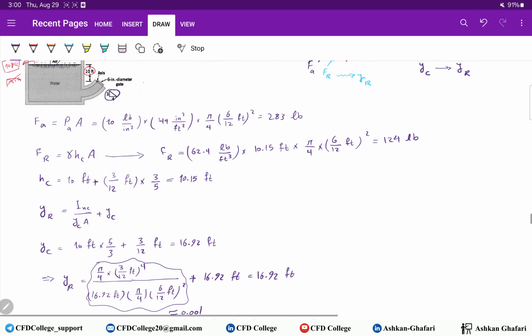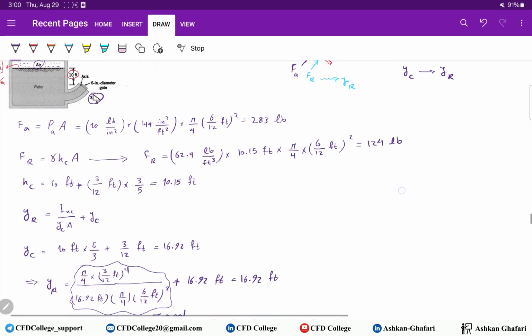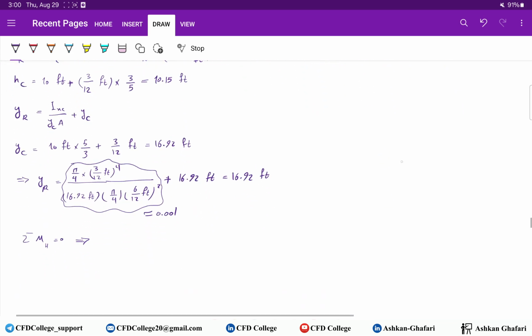So this is the gate, this is the hinge, FA, and the distance we know it's 3 inches.